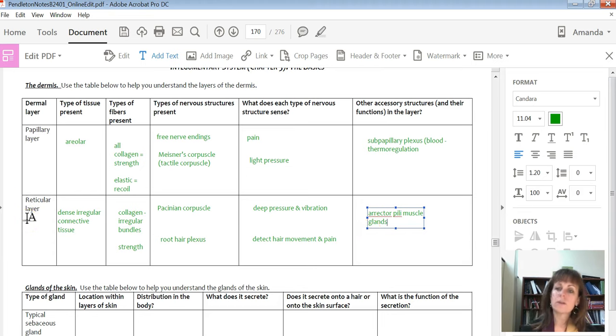They're actually going to send some of the secretory duct portion up through the papillary layer and past the epidermis to get to the surface. And I guess too, the bulk of the hair follicle is going to be in that reticular layer. Again, the hair structure has to go up through the papillary layer, past the epidermis in order to get to the surface.